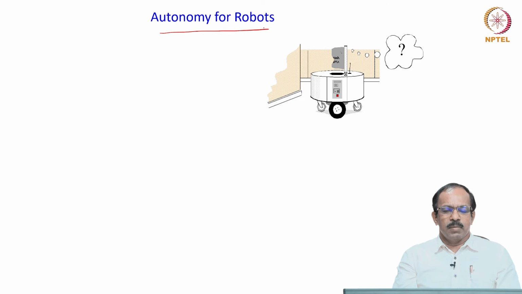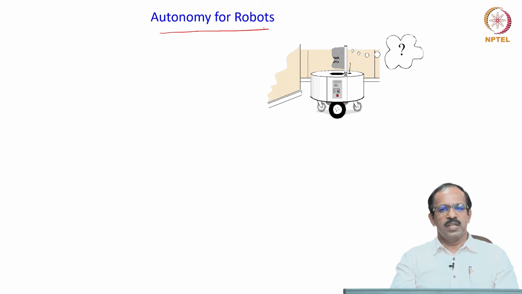Assume that we human beings are autonomous systems. We do many things autonomously. We don't depend on any other person to take decisions. We get the information from our surroundings, then we take a decision, and then we execute the decision. That is what we do normally in our day-to-day activities.